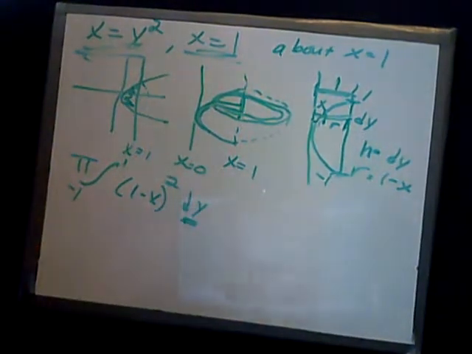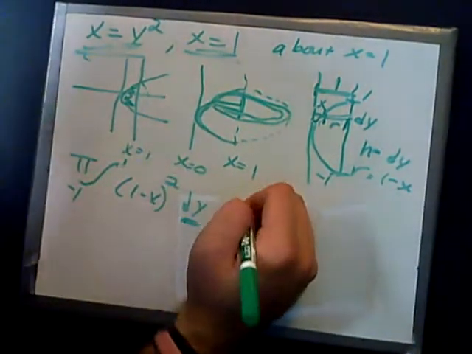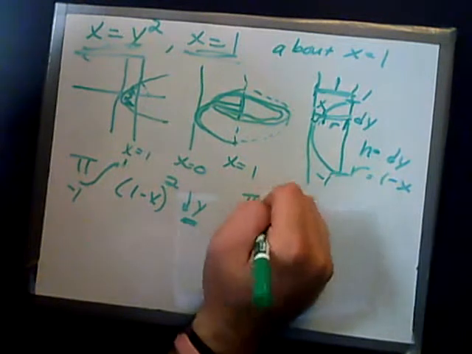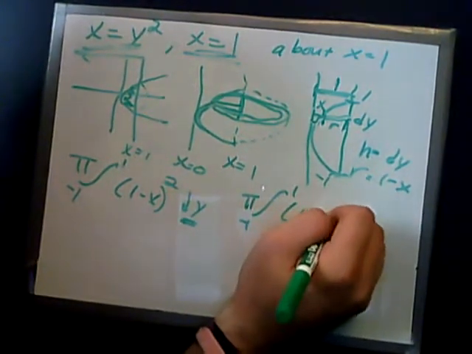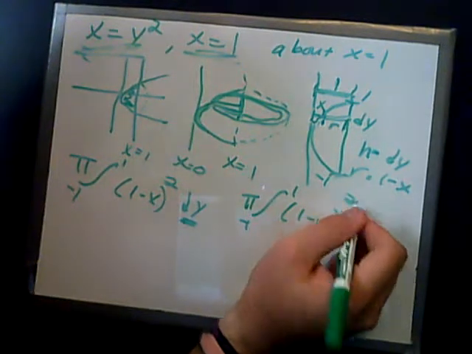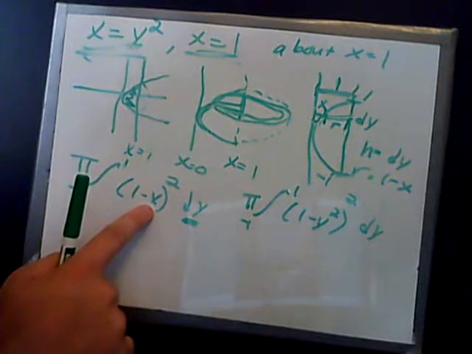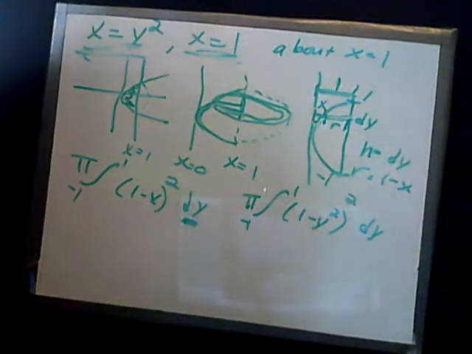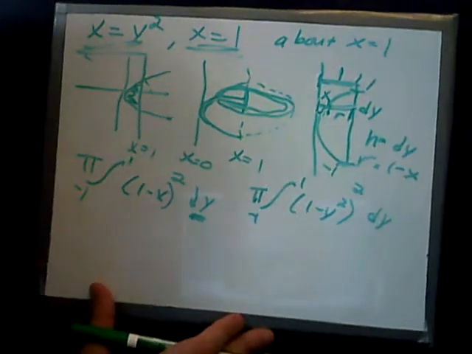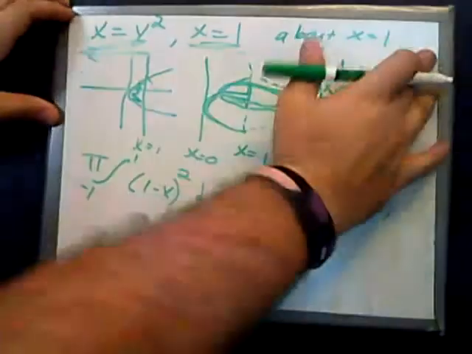We can call this integral pi times the integral from -1 to 1 of 1 minus y squared, squared, dy. And all we did was substitute x and instead plugged in y squared over here. And now we are ready to go ahead and integrate.